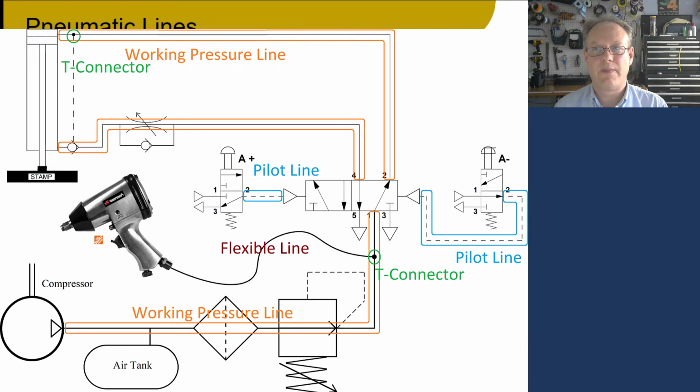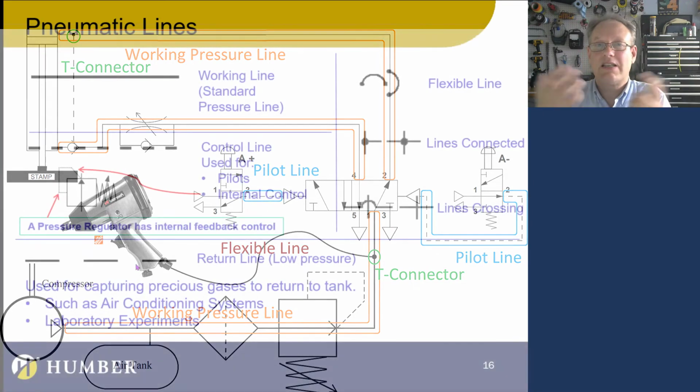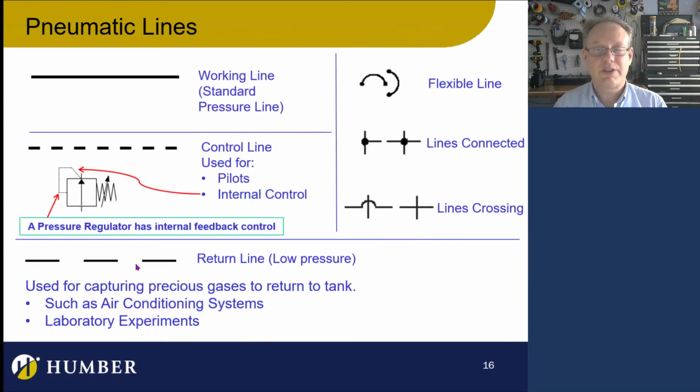Also, for any kind of volatile gas that we're compressing and we don't want to go into the atmosphere, we want to grab that and put it back into the system. So in some rare cases, you will see some kind of pneumatic return line.